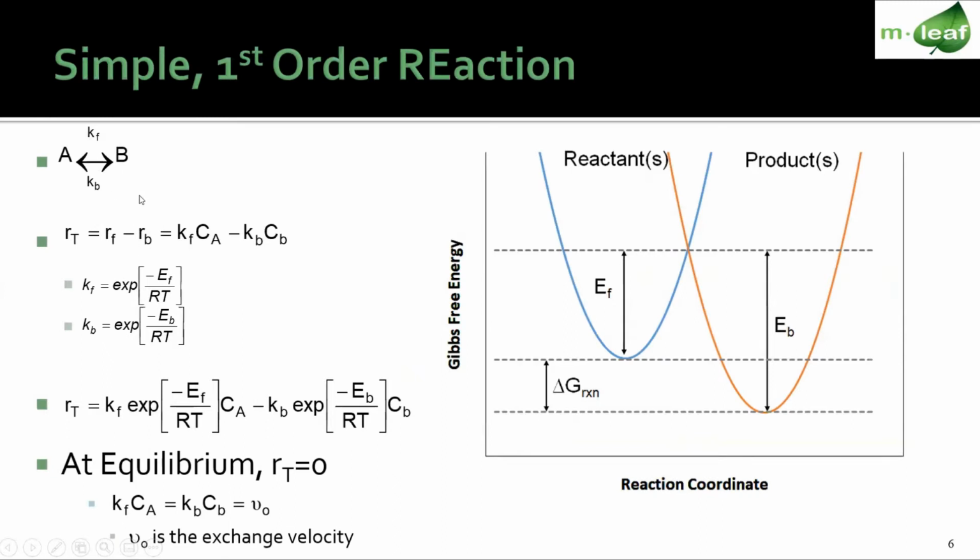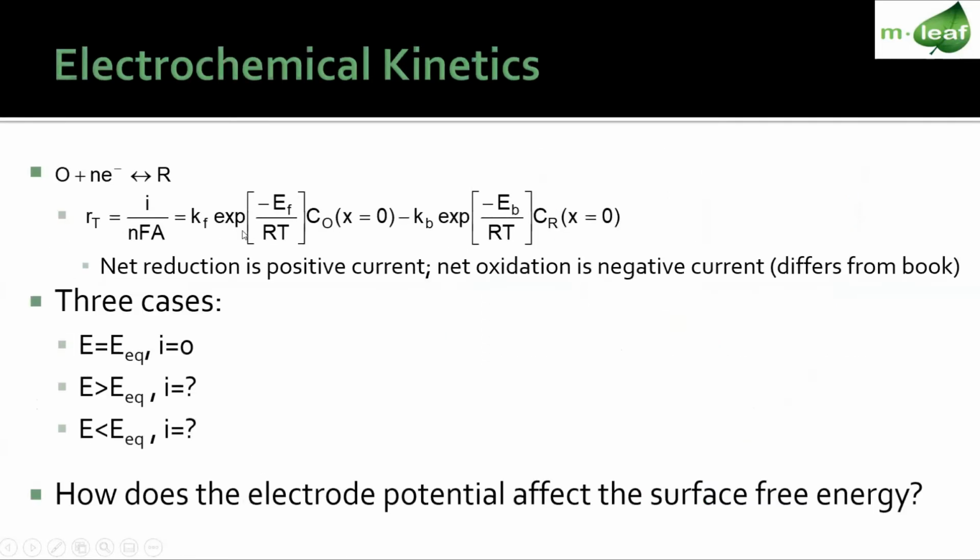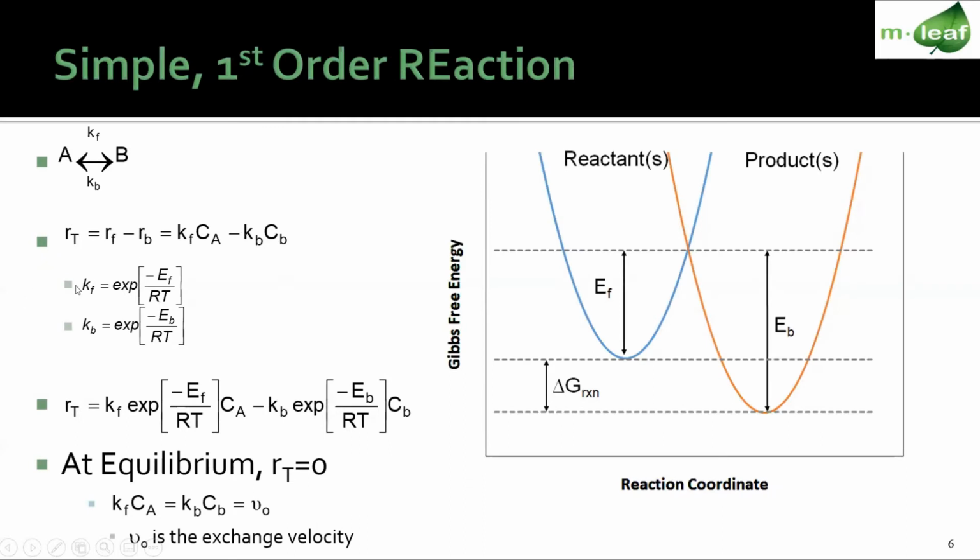And of course, then if it's an elementary process, right, this is just the forward reaction rate constant times Ca minus the reverse reaction rate constant times Cb. And both the forward and reverse reaction rate constants have an Arrhenius type relationship, and they're related to these activation energies that we're showing here, right?